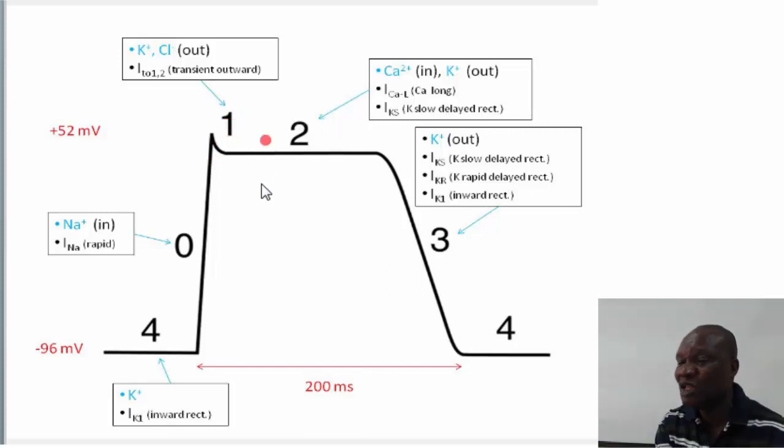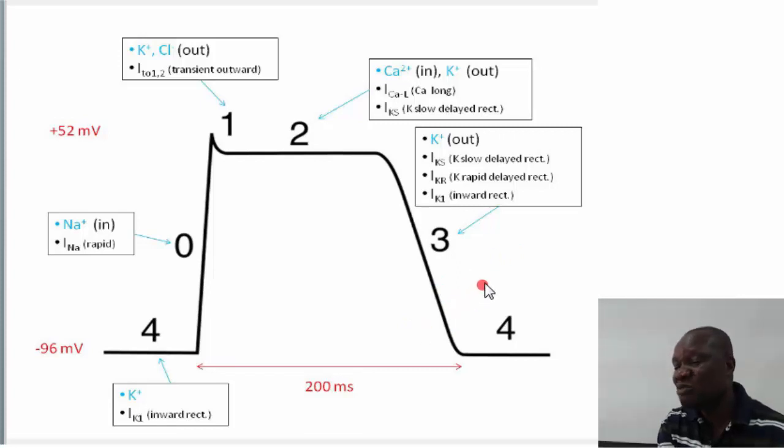Then we have this plateau, and during this plateau, there is calcium influx. And the calcium influx is balanced by potassium efflux. So we have this plateau. Then we have this third phase, which is the main repolarization. During this part, the calcium channels are closed and potassium is leaving in quantities.